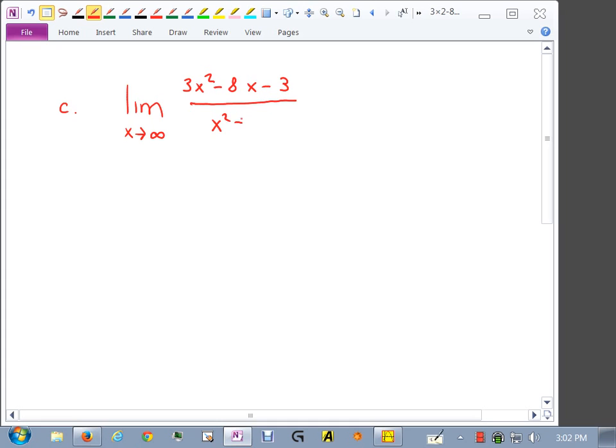So I can come in with the highest power of x and play that game, because it's infinity over infinity. This has that form, infinity over infinity. And so I will attack it with coming in with what? 1 over x squared on top and bottom.